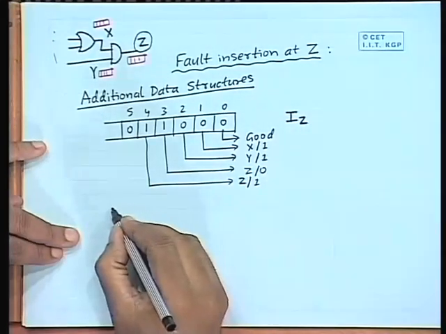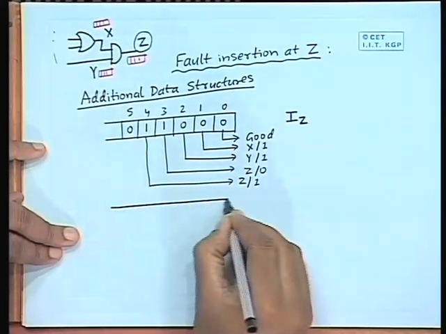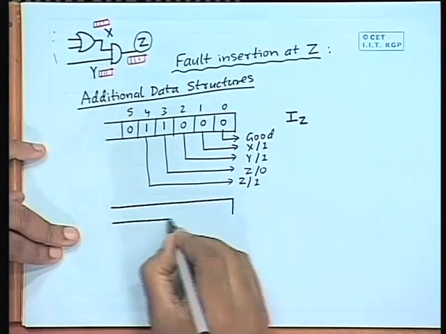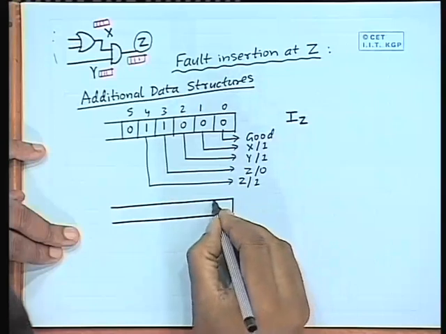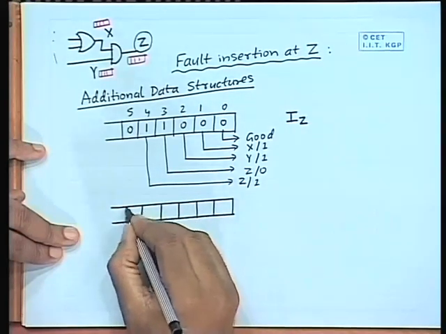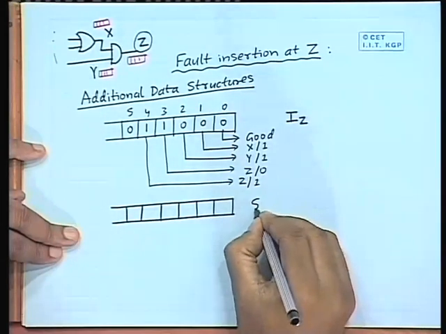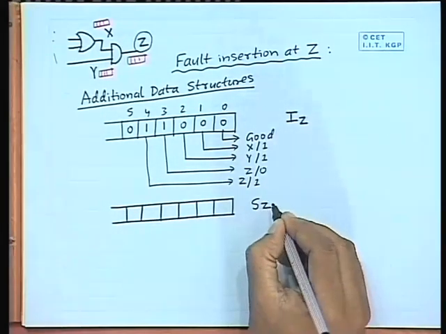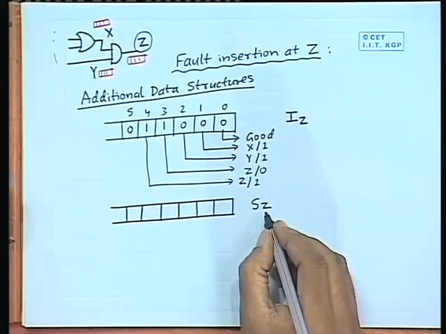There are some other data structures also I am showing you. There is another data structure called SZ.